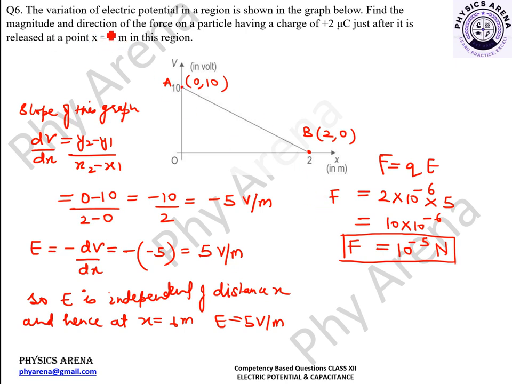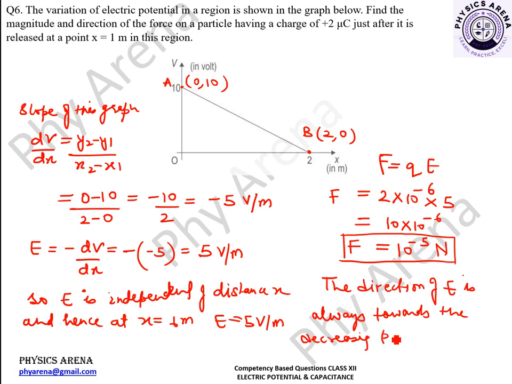Now we also need to give the direction of this force. So we know that the direction of electric field is always towards the decreasing potential. And I can see that when I move towards the positive x-axis, the electric potential decreases.